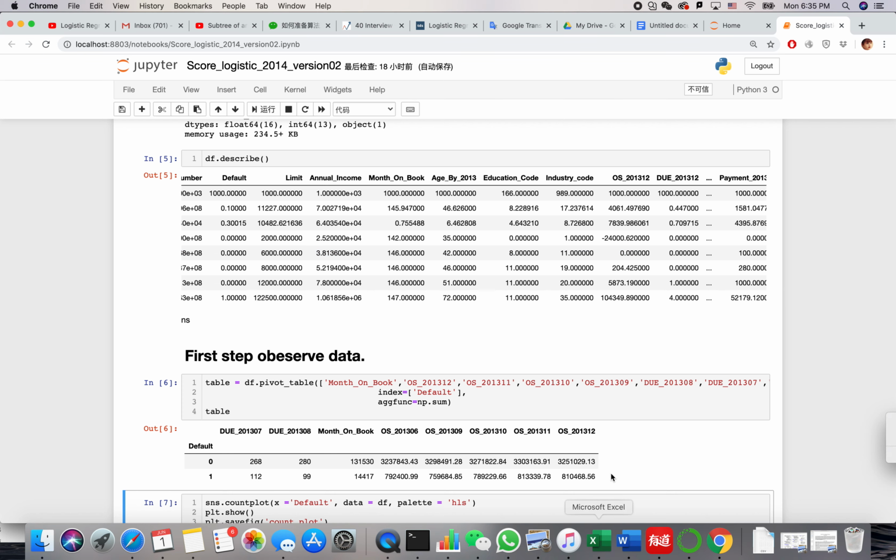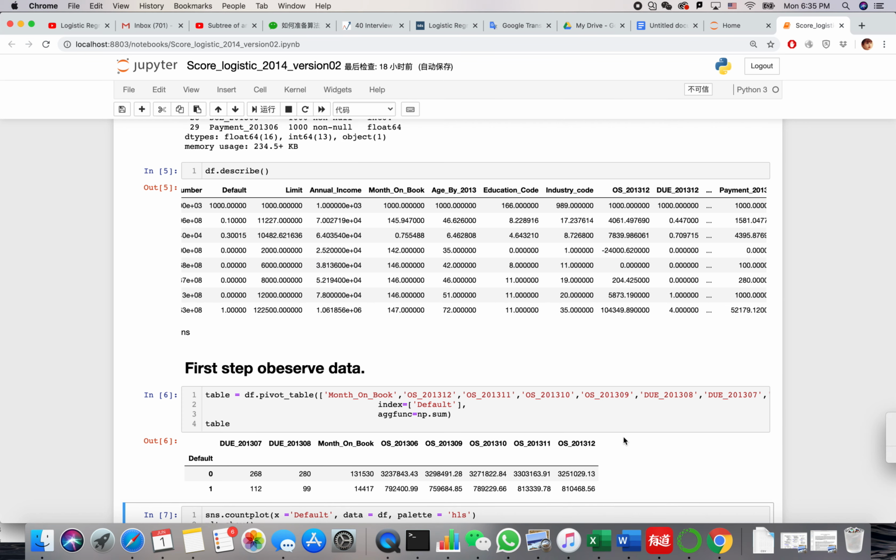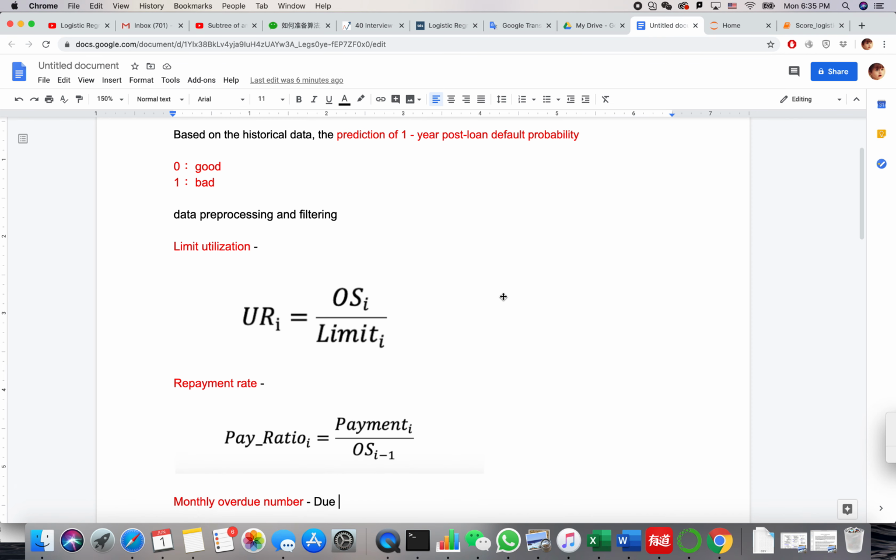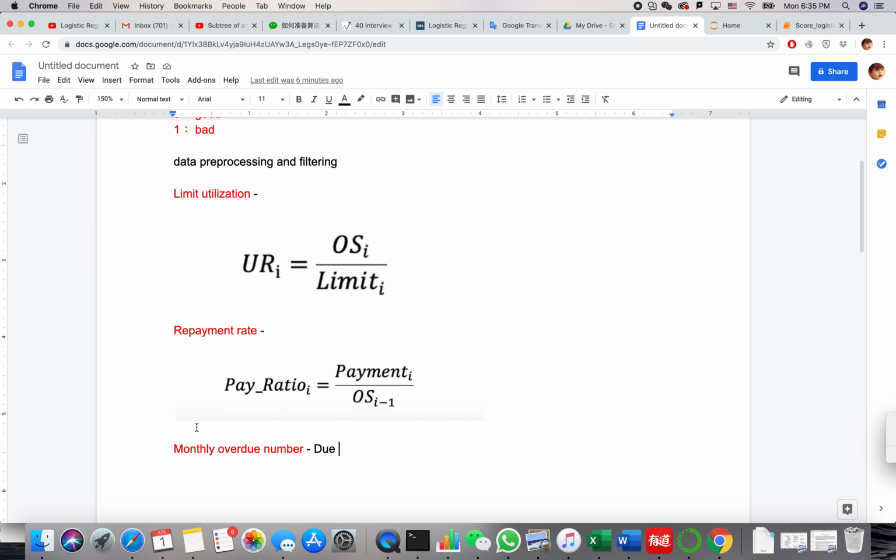So now we need to check our data and get our variables, and we need to create them. The limit utilization means the outstanding divided by the limit.